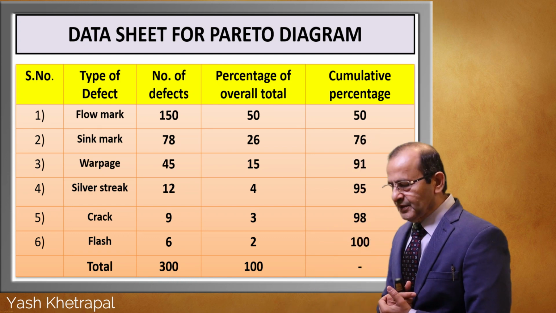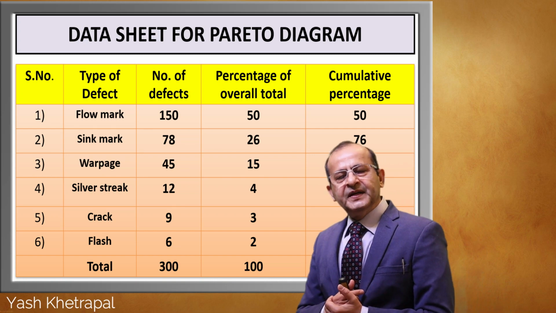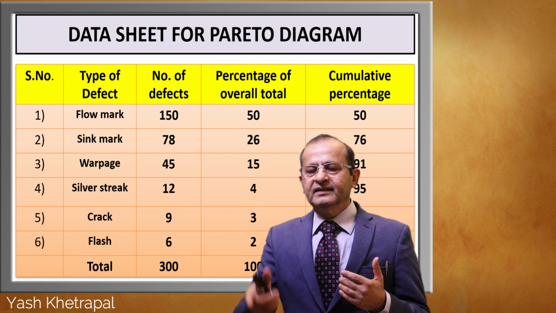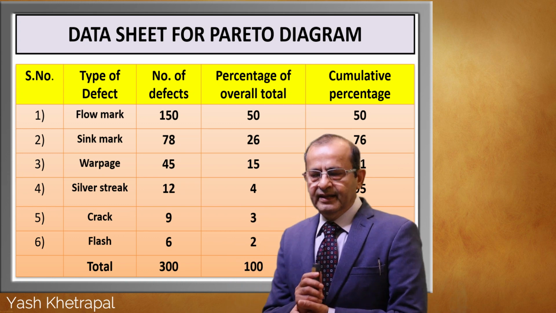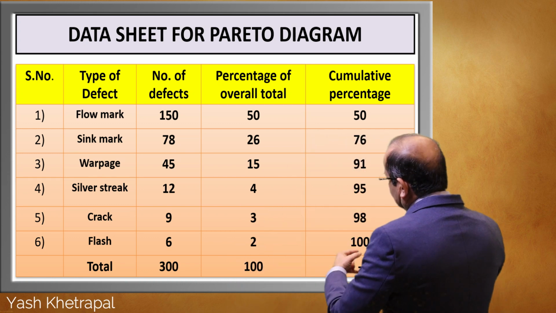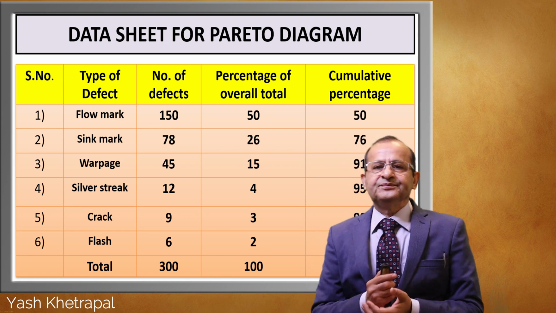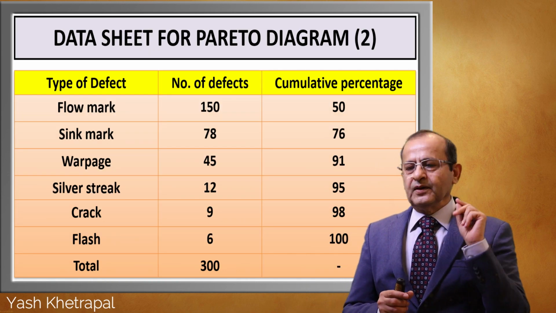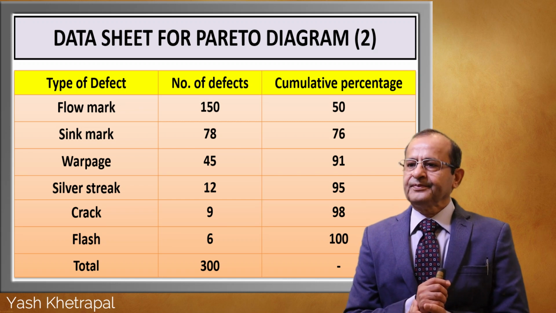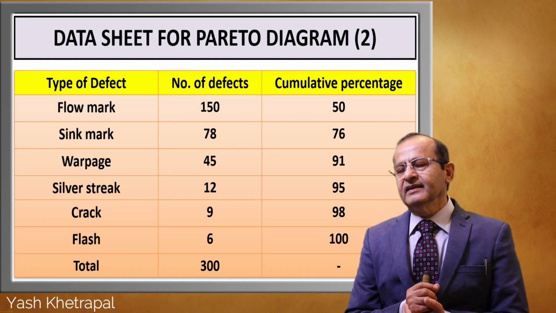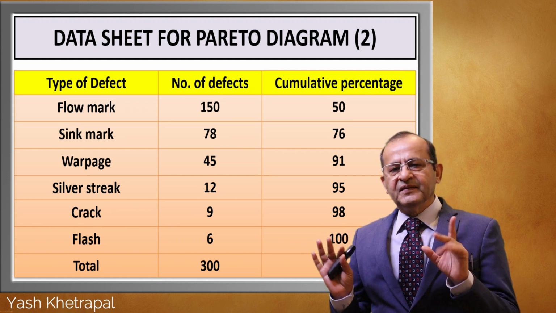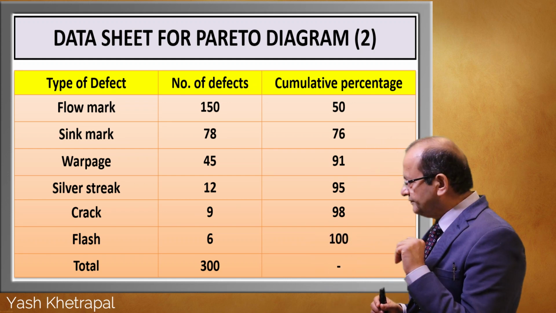Then one more step. We take the cumulative percentage of these defects. Having created this table, now we go to the next table. Out of this, we take only 3 columns: type of defect, number of defects, and cumulative percentage.